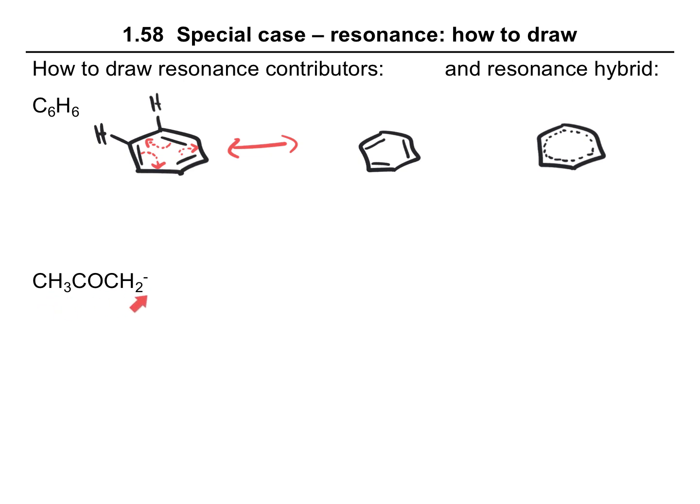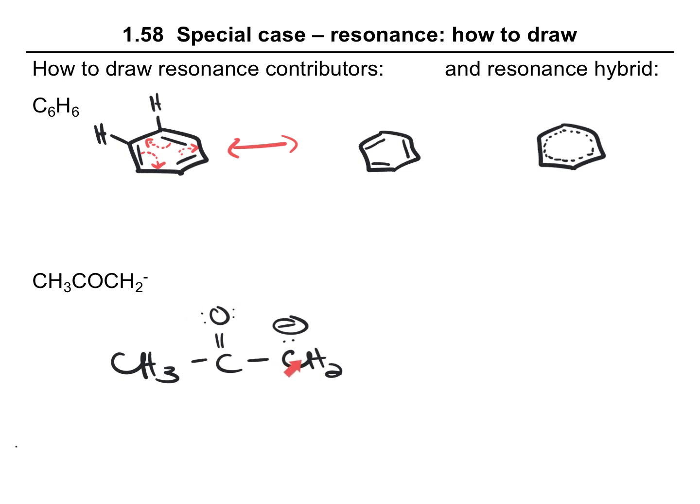Now here we have another example where we have an anion. If we start with this structure, we have a CH3 connected to a C double bond O connected to a CH2, where this carbon must have a lone pair and a negative formal charge. Now we have a double bond here.